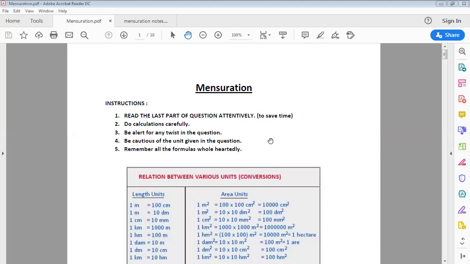The second step was to do calculations carefully. Most of the students will ask, how do we do calculations during an online exam? The simple thing is you can put your phone parallel to the screen of the laptop if you want to do calculations with a mobile phone or a calculator.